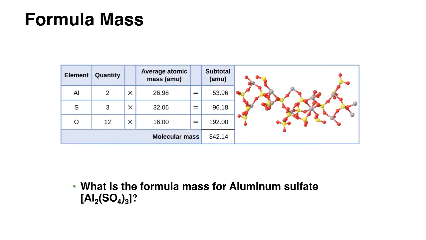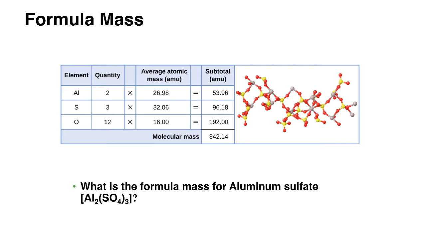Now here is how that would be calculated, and see if you got it right. First of all, if you look up on your periodic table, you'll find that aluminum has an average atomic mass of 26.98. You take 2 times that, or 53.96. Then you look up and you find that sulfur, which is underneath oxygen, has an atomic mass of 32.06, and you multiply that by 3 and you get 96.18.